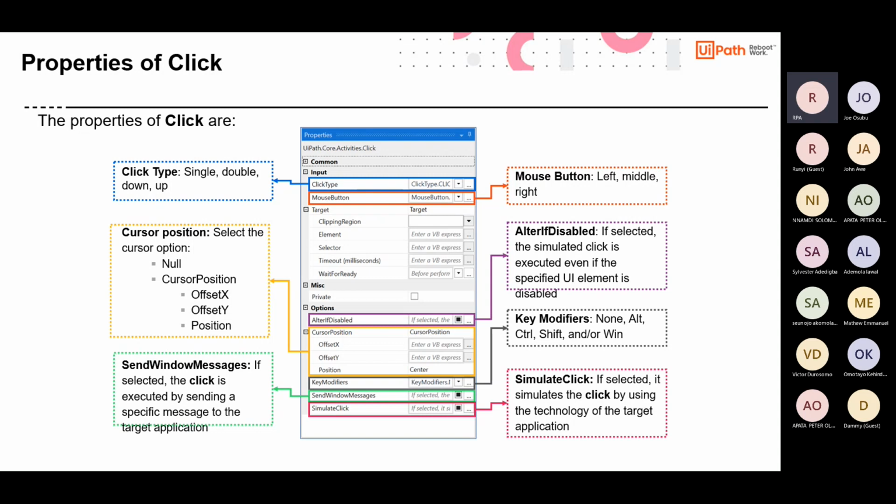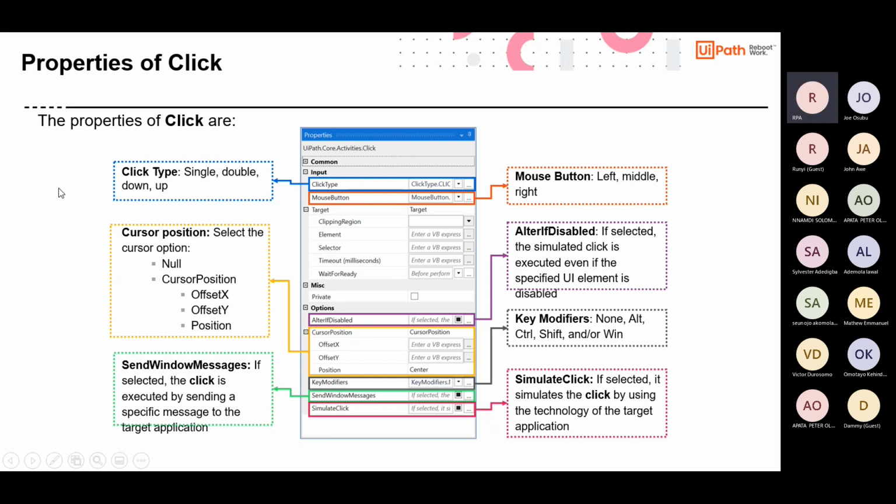The properties of click are on the left-hand side, where we have the click type: single, double, down, up. These are possible options we have with our mouse. If you mentally simulate how your mouse click works, you single click, double click, scroll up, scroll down. I think that way. Next to it, you have the cursor position.